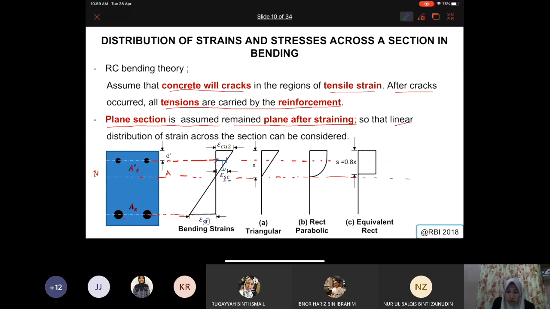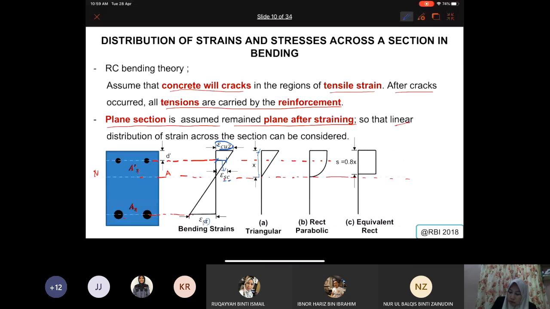So this is the strain of steel at tensile, and this is the strain of steel at compression. This one is the ultimate concrete strain. Then you have the X value, the depth of your neutral axis from the top.